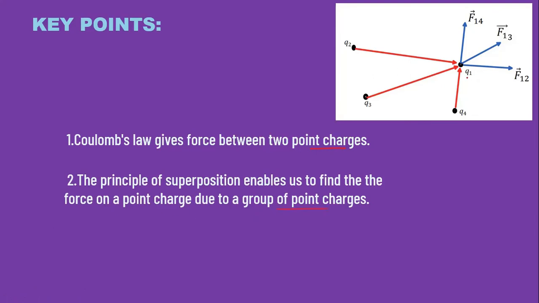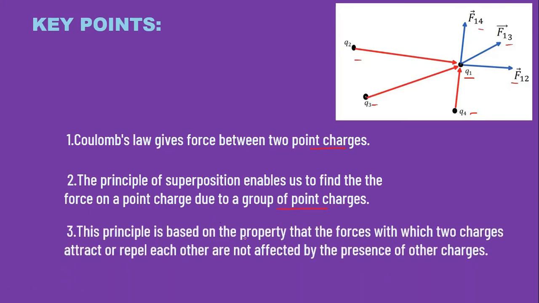That means if we have a number of point charges Q1, Q2, Q3, Q4, the forces F12, F13 and F14 can be computed on a single point charge. The third is that this principle is based on the property that the forces with which two charges attract or repel each other are not affected by the presence of other charges. The meaning of this statement I have already explained earlier.